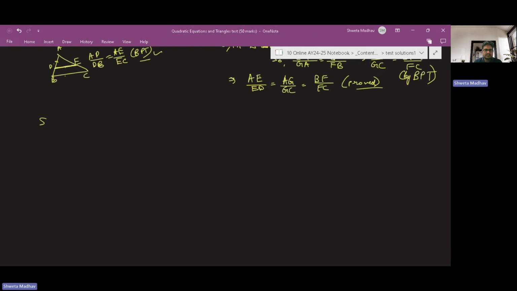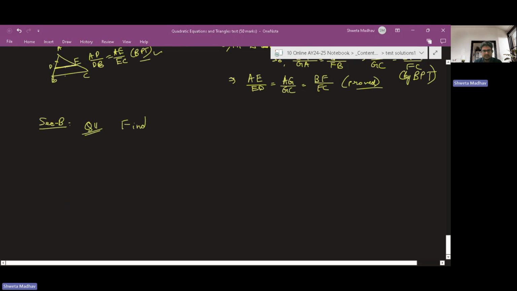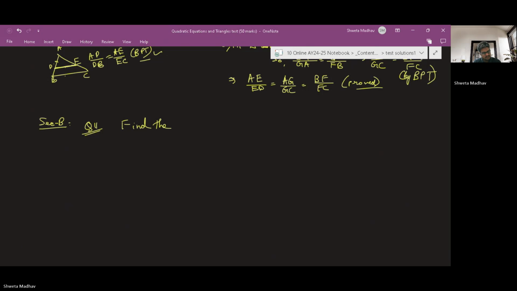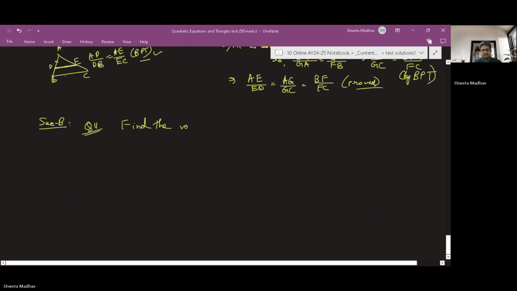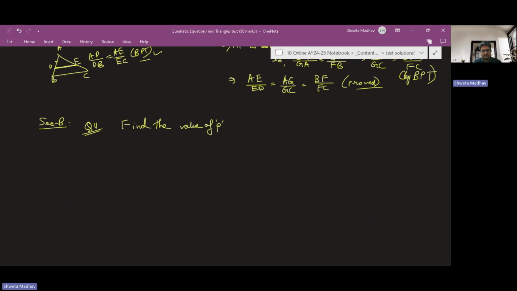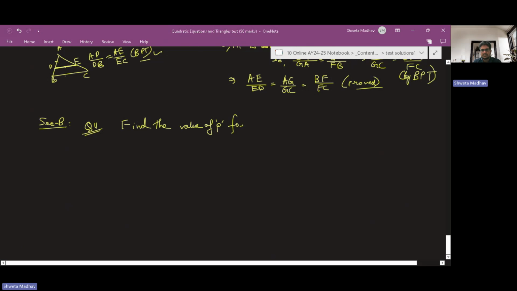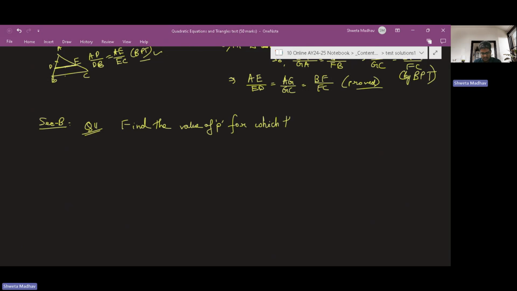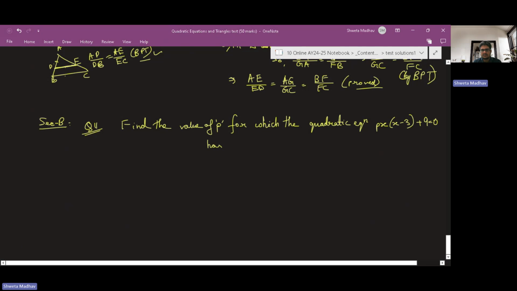Then in section B, in question number 11, it is told: find the value of p for which the quadratic equation px into x minus 3 plus 9 equal to 0 has equal roots.